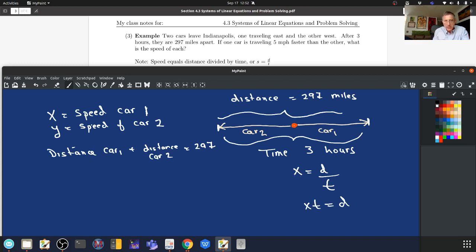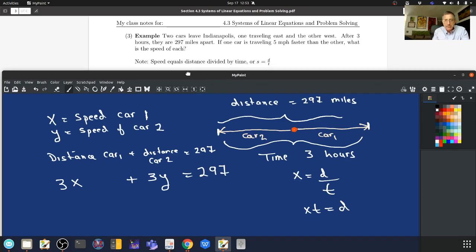So the distance of car 1 is equal to, well, the time is 3 hours times the speed of car 1, plus 3 hours times the speed of car 2, is equal to 297. And what else do I know?